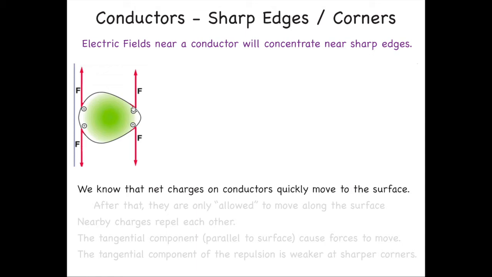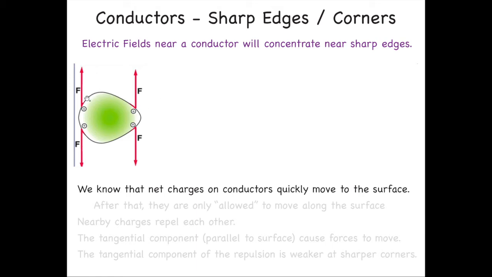So if you have a conductor that has a sharp point, then at that point there will be a tendency for any excess charge to accumulate, or any induced charge to accumulate, and as a result, the electric fields will be strongest there. That's the only thing you need to know. And if you aren't interested in why that happens or the mechanisms, you can skip the rest of these slides. But for those of you who are interested, here we go.